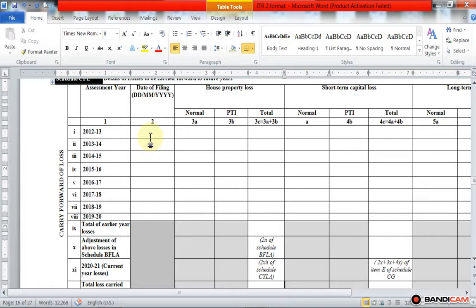Remember the chart we studied in set off and carry forward of losses: house property loss can be carried forward up to 8 years. If they cross the limit, then this loss is not carried forward to the next year. Got it?